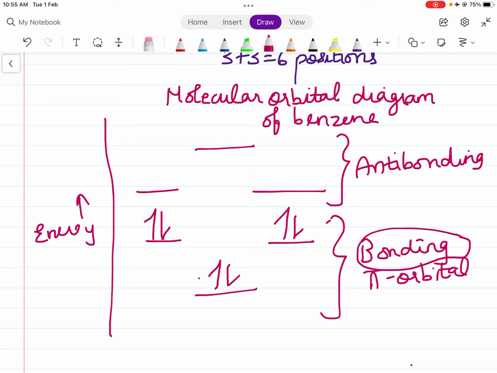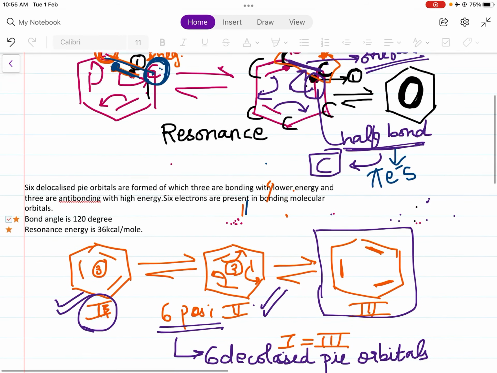Okay, so this is a very important diagram, an important structure to know. The molecular orbital diagram of benzene has 6 electrons in bonding and 0 in anti-bonding.